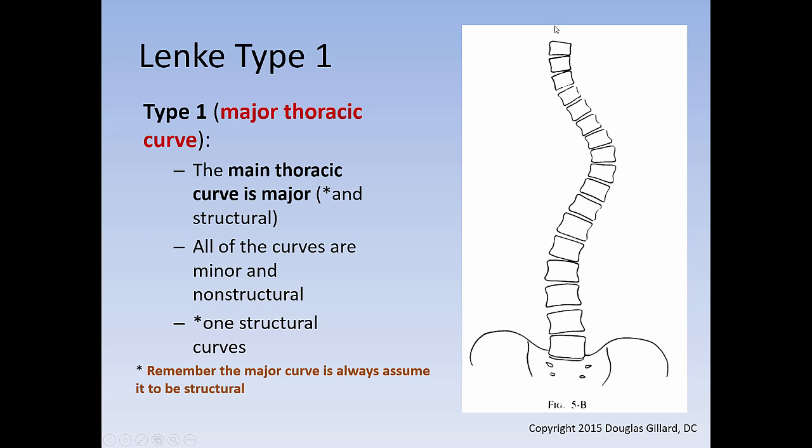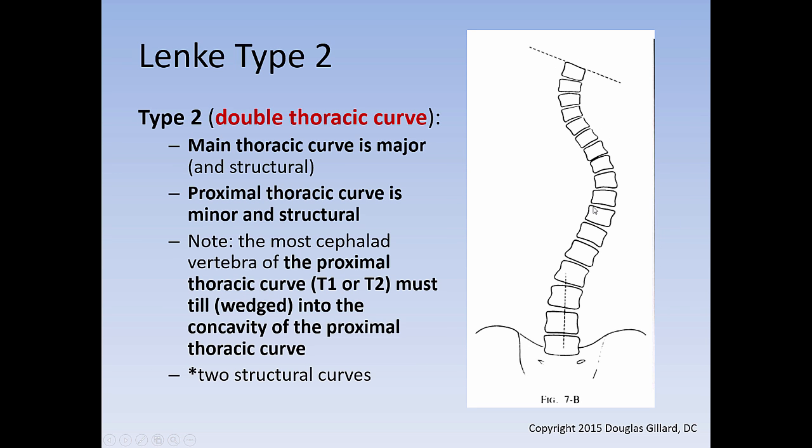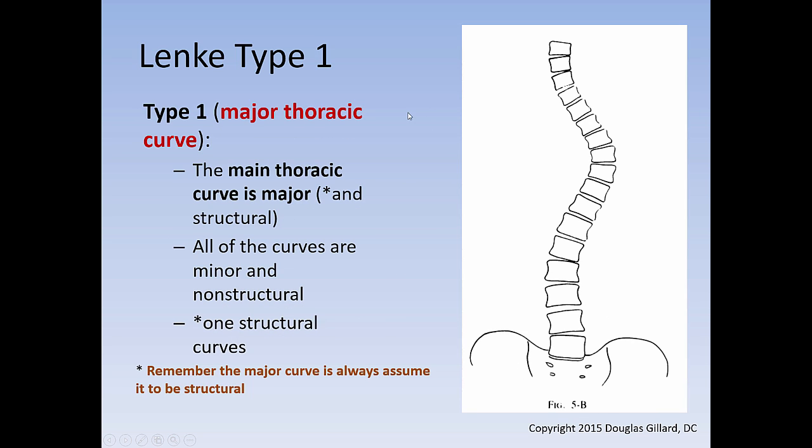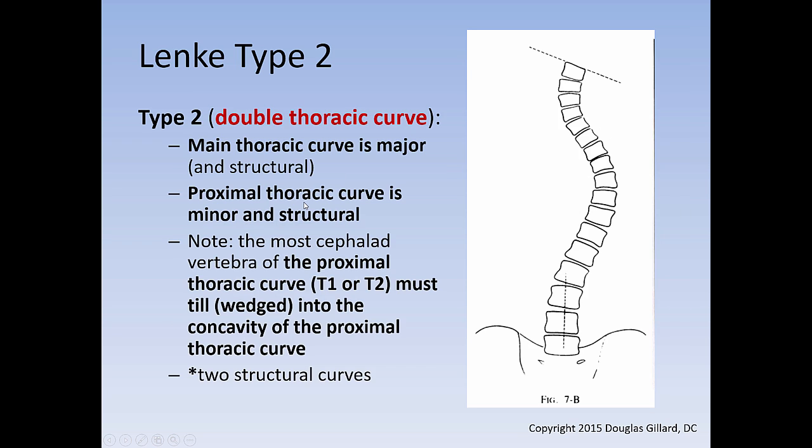I don't see any proximal thoracic curve up here. I see a little thoracolumbar curve, but I can already tell you without even bending, this is the main curve here. So when there's only one curve that's structural and it's a thoracic, then you have a Lenke 1. Simple as that.